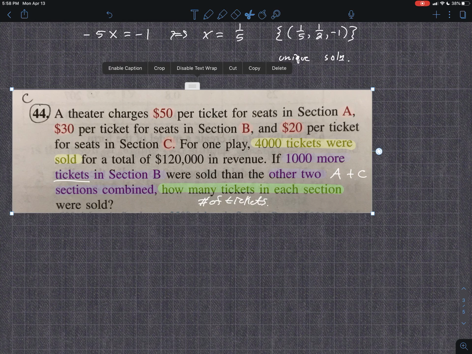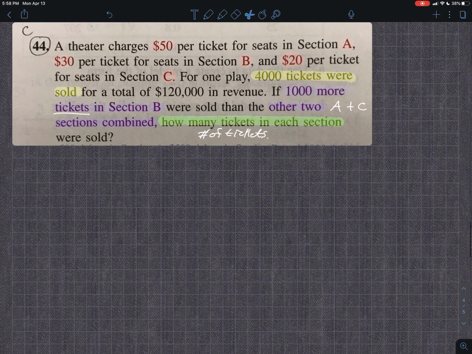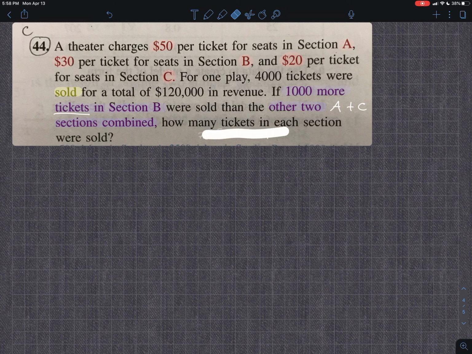This is number 44 from the book. All right, so let's take a look at this question. Let me go ahead and erase some of this stuff, because I had that for description purposes, and we'll do it over again.